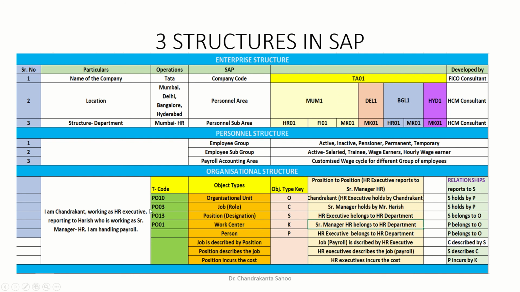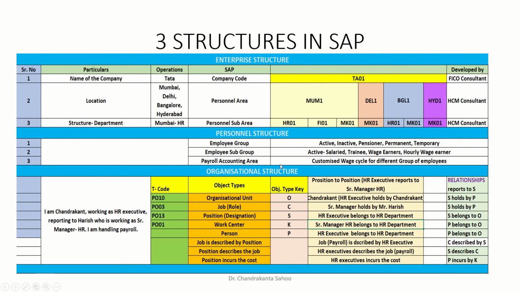Suppose we ask where this person Chandrakant is working. Tata is the company, the location is Mumbai, and HR is the personnel subarea, which is the department. His employee group is active, and he is a salaried employee.